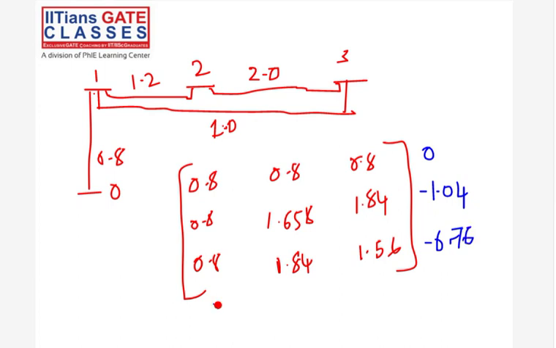So anything same over here, 0 minus 1.04 minus 0.76. And this value would be 0.8 plus 1.658 minus 1.6 minus 1, right?